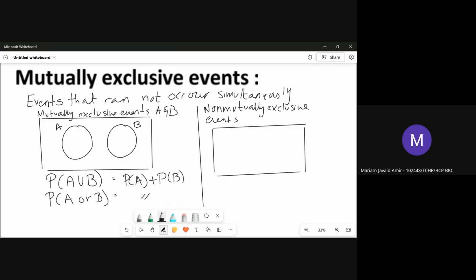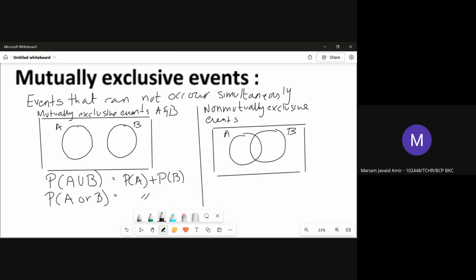Inside we make two overlapping circles representing A and B. Okay. So these two are two non-mutually exclusive events. They can occur simultaneously.